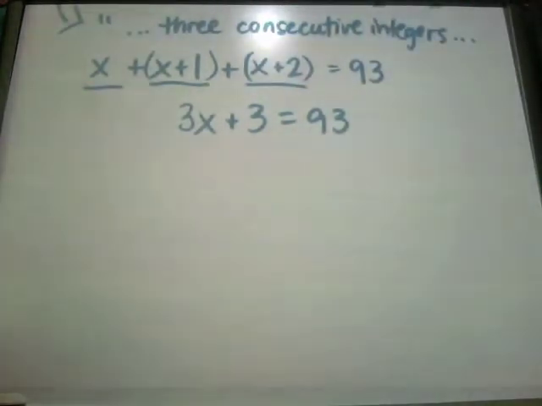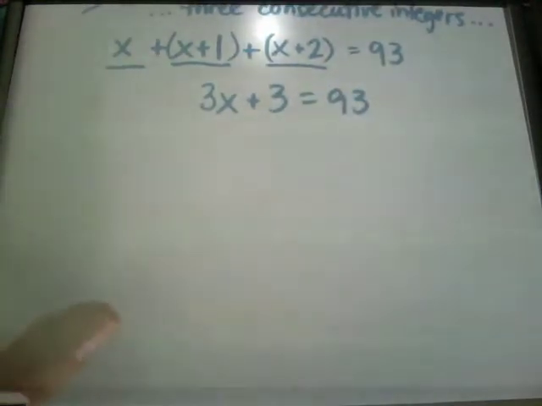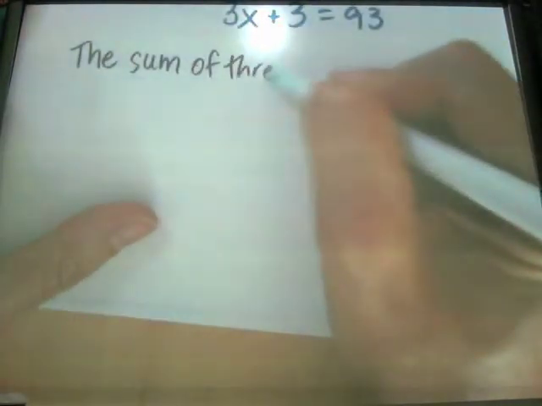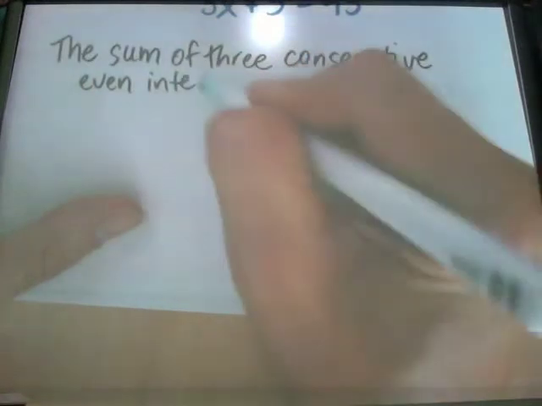What if now I say, let me find one here. Sorry, I lost my problem. The sum of 3 consecutive even integers is 66.